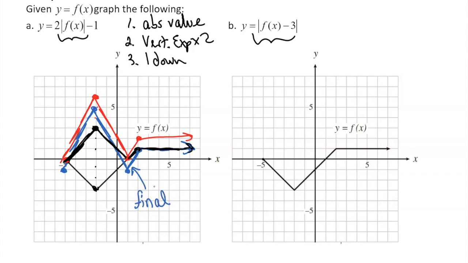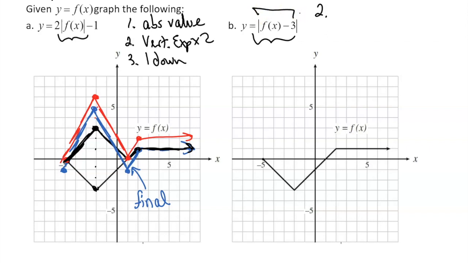Okay, so for this last example, we have an absolute value function happening, but we also have that subtract 3 happening within the absolute value. So this is definitely one of the more tricky concepts. In the same way that when you have brackets, you do whatever's within the brackets first, when you have an absolute value occurring to your function, you have to do whatever's within that absolute value first.